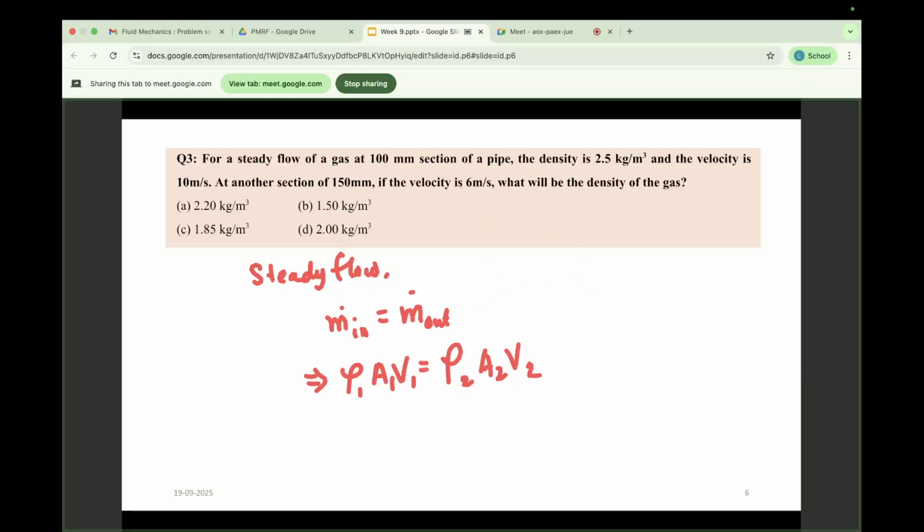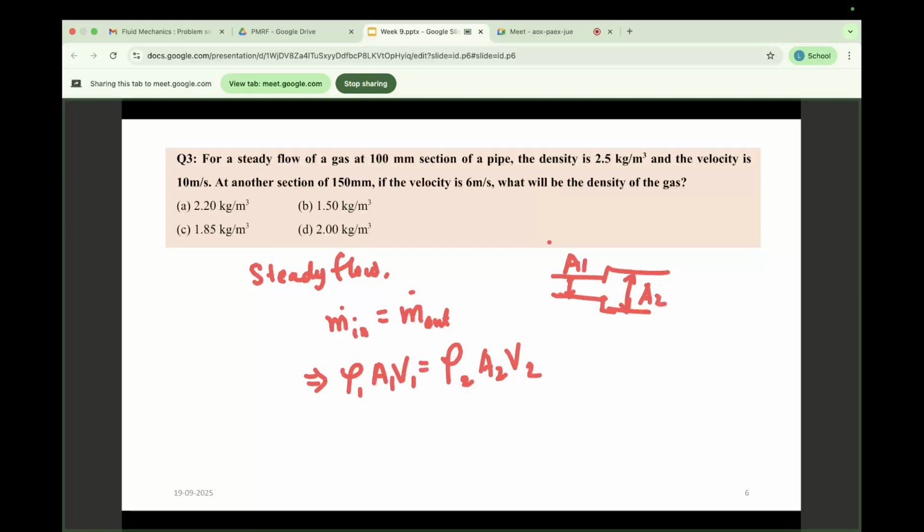So here the pipe first has a small diameter, and after that its diameter increases to this much, right? So here the area is less, here this area is more. This is A2, this is A1.